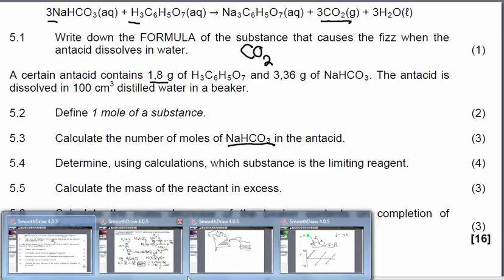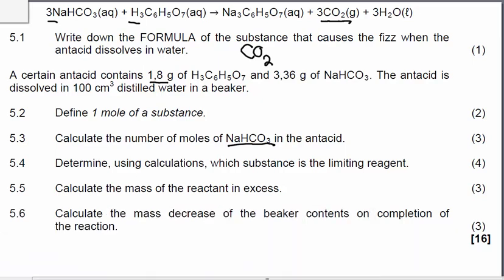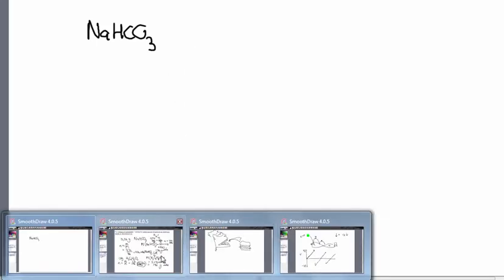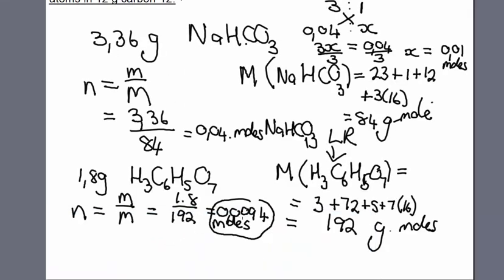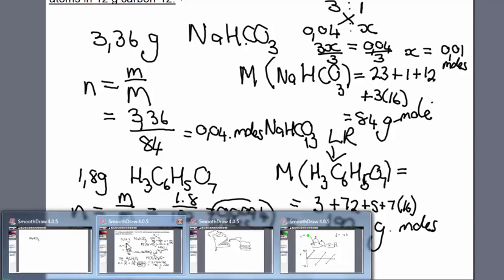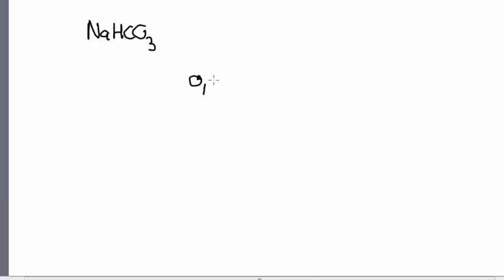Let's just open a new page. NaHCO3 is in excess. So if we have a look at how many moles we do have, we have 0,0094 moles here of the acetic acid. And we want to calculate how many moles of NaHCO3 we used.